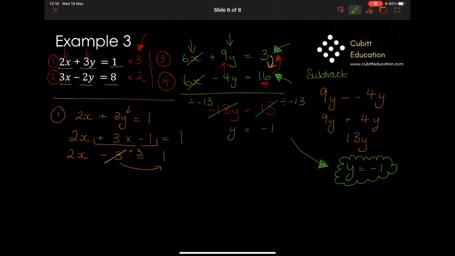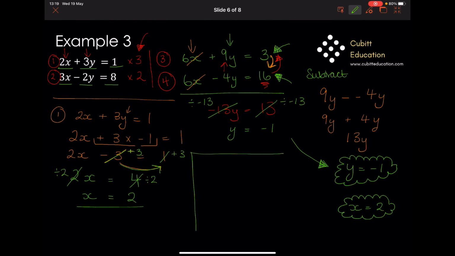Plus 3 gives me 2x equals 4, because I've added the 3 over to the other side. So I add 3 on both sides. And then finally, I divide by 2. So x equals 4 divided by 2, which is 2. So x equals 2, we should have.